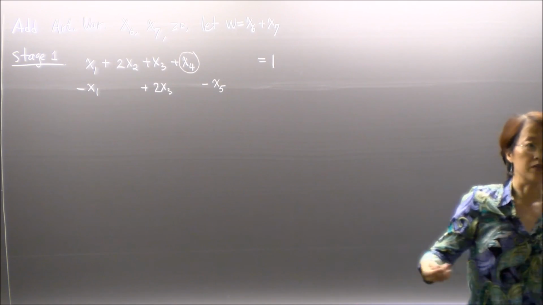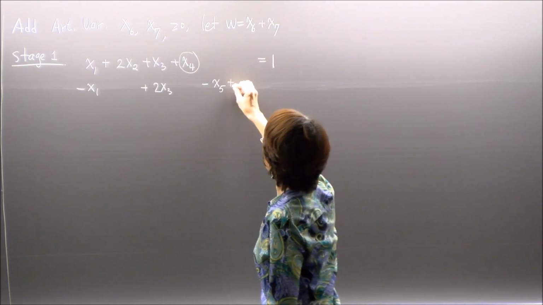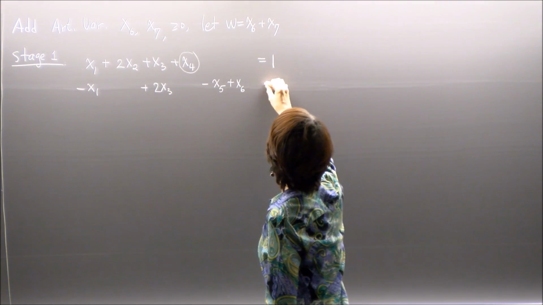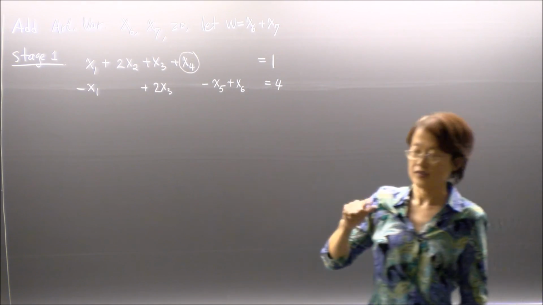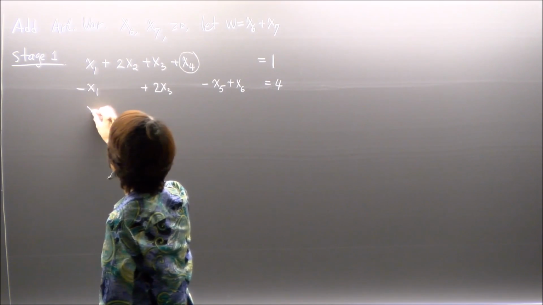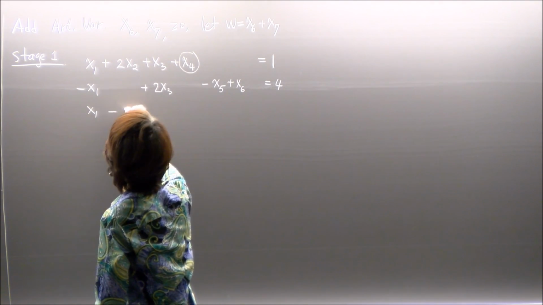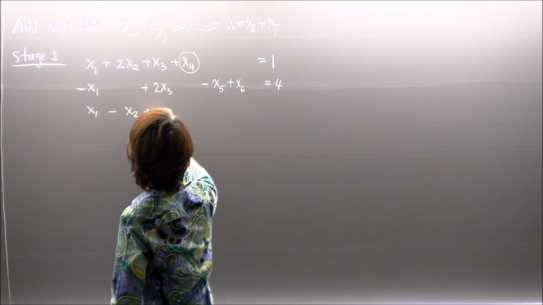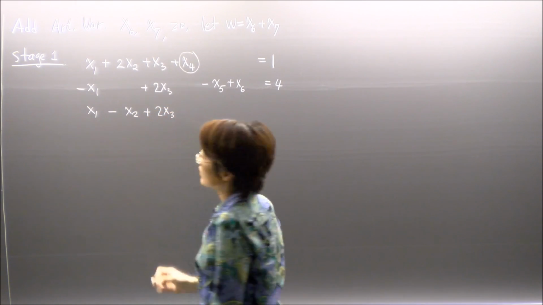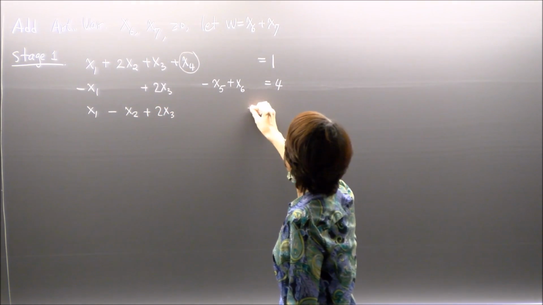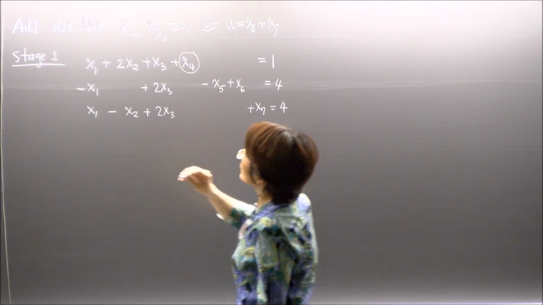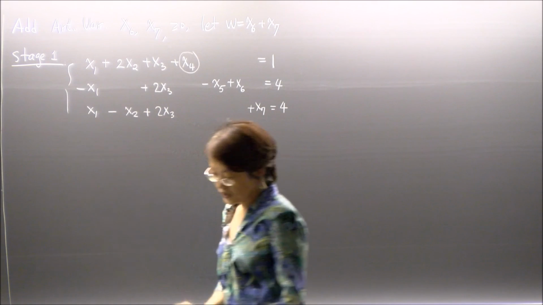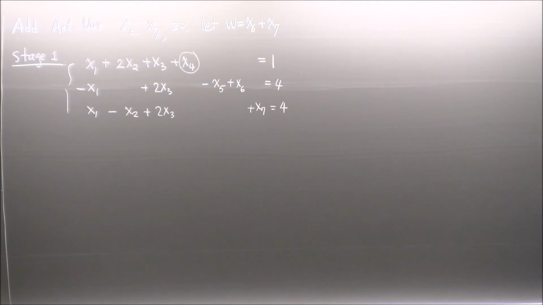I need to add one artificial variable, which is x6. I add it there, and I copy it. Is that clear? Okay, so the last one, I need to add also an artificial variable, x7. So these 3 are my constraints, okay?